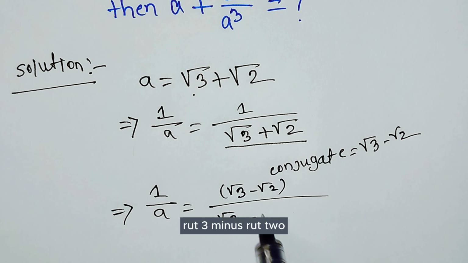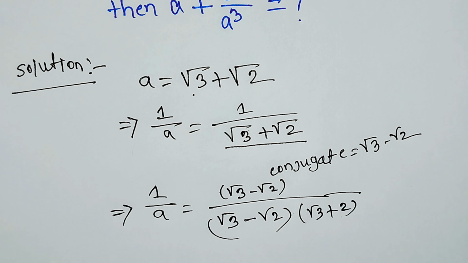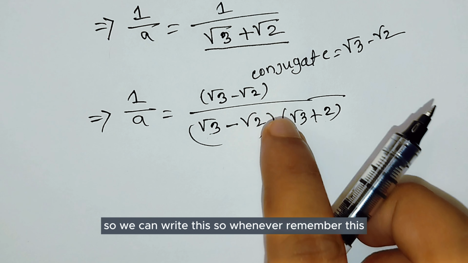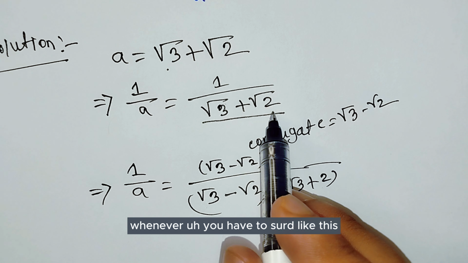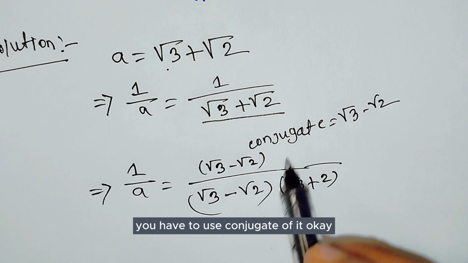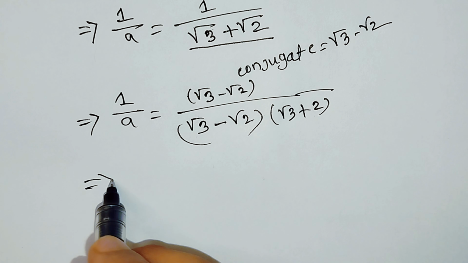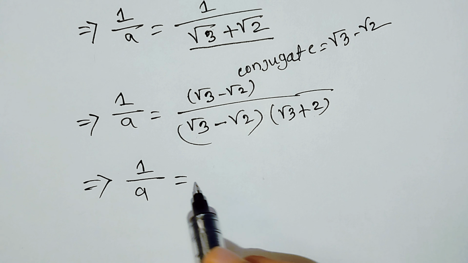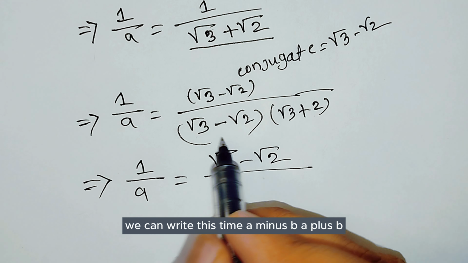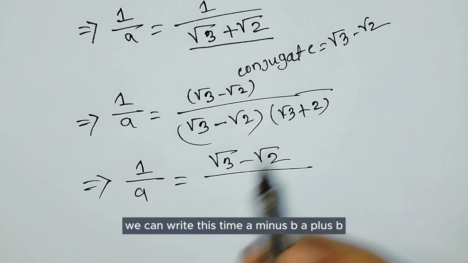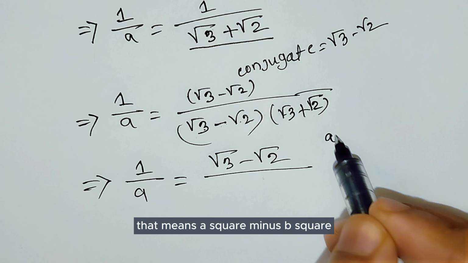Remember, whenever you have a surd like this, you have to use its conjugate. Now, (a minus b)(a plus b) equals a square minus b square.